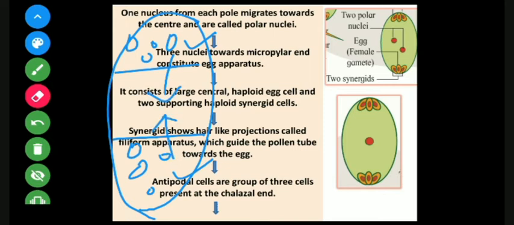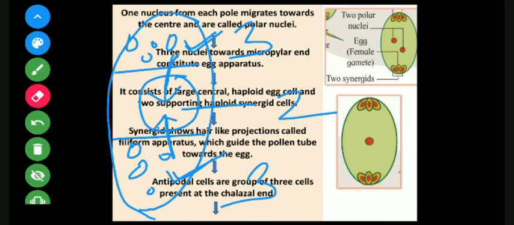So before migration there were 4 nuclei here, and also 4 nuclei towards the micropylar end. But when one from the 4 nuclei has migrated to the center from each pole, 3 will remain here and 3 will remain here, and in between in the central part there will be 2 nuclei. Okay, so these 2 nuclei will be called the secondary nucleus or polar nuclei.